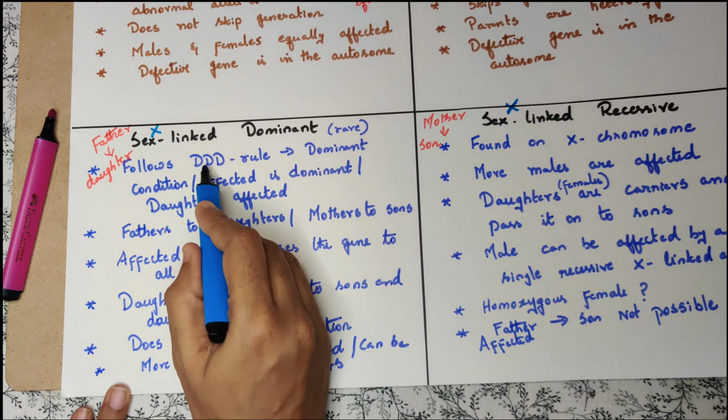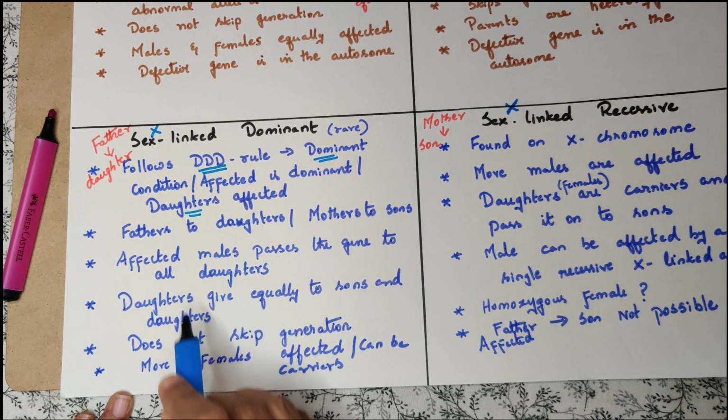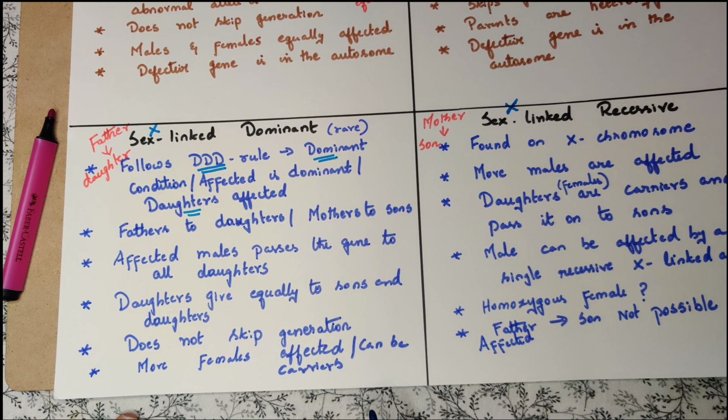What do you mean by triple D rule? Dominant. Okay, there should be a dominant gene. So that means every other generation they will be showing this type of affected individual. Affected individual is dominant and daughters are mostly affected. So this is what you should look in for as a clue, and then you can start solving it.